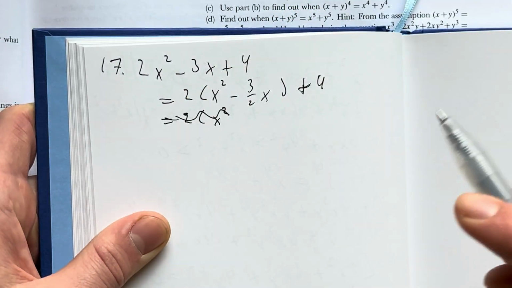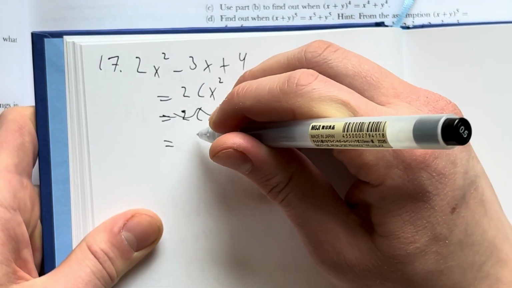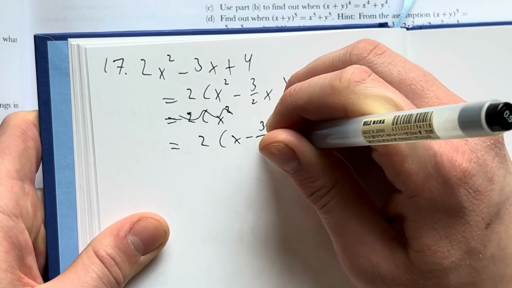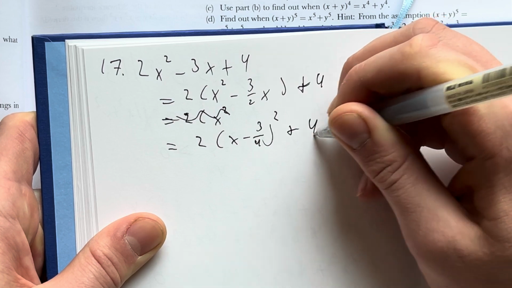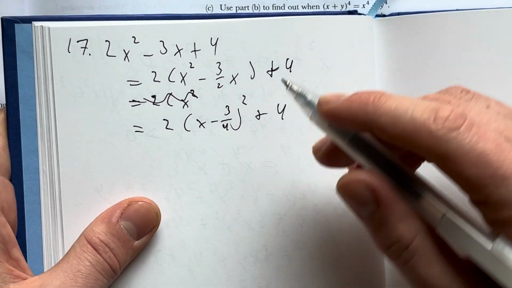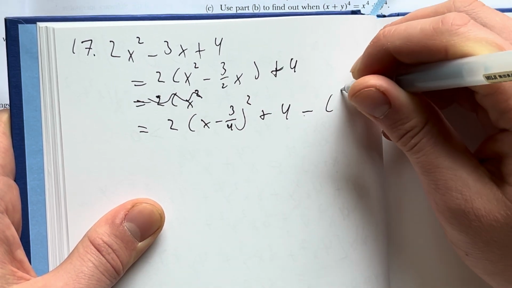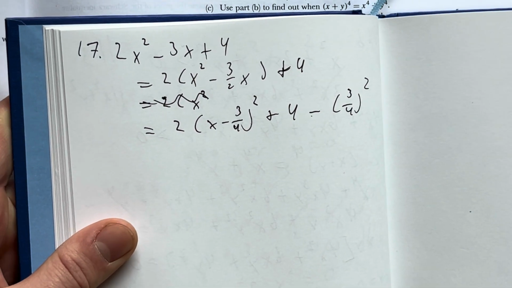Sorry, and then we just do the square, so we get 2 times (x minus 3 over 4) squared plus 4, and then we need to remember to subtract the 3 over 4 squared like this.